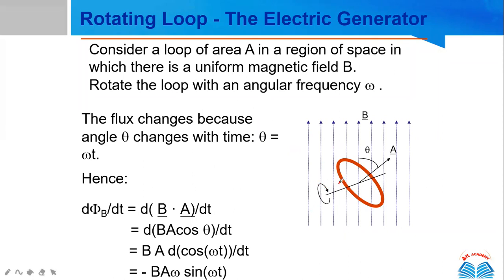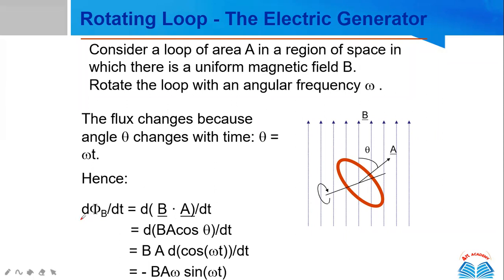So the loop is rotating with angular frequency omega. Okay, so you guys know that the angle equals angular velocity into time. So theta will be equal to omega into t.